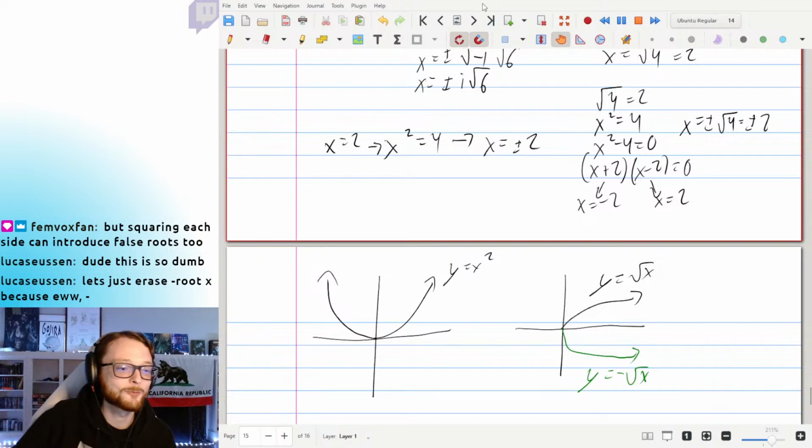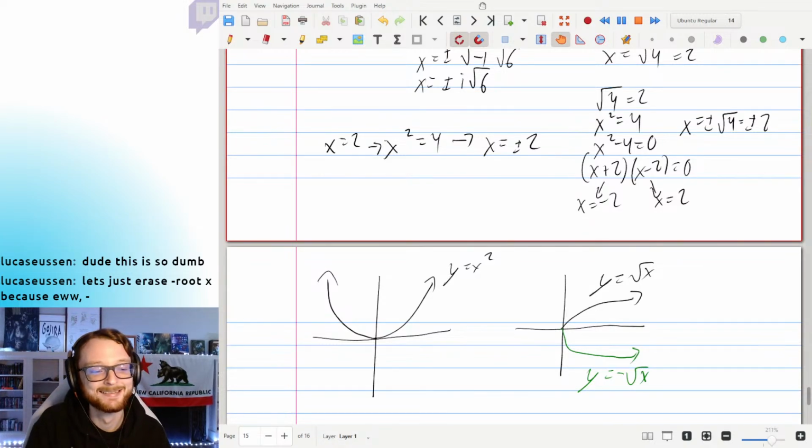Just erase the minus root x because you. Yeah. Functions that are bijective, yeah.